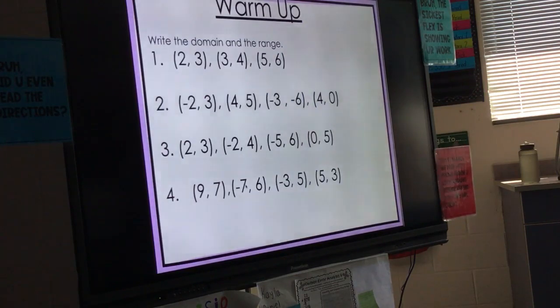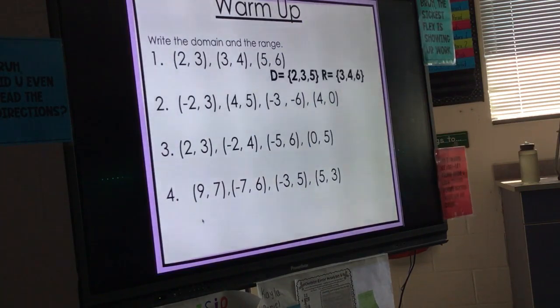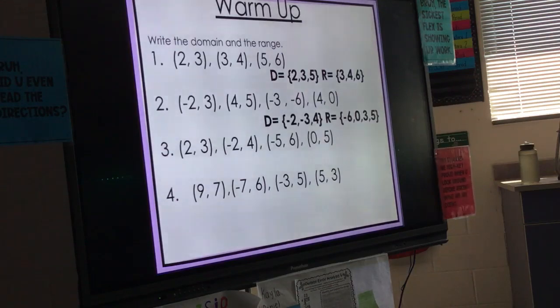All right, let's go ahead and go over these. So we did number 1. So number 2. You should end up with -2, -3, and 4. Why is there only 1 4? Why did they only put 1 4 for the domain, even though there's 4 numbers?